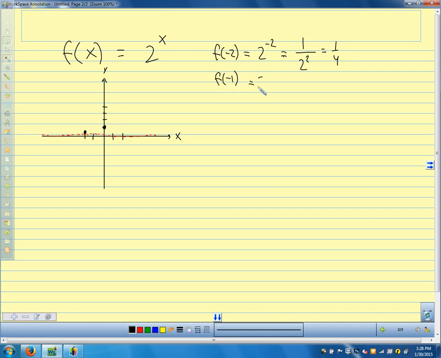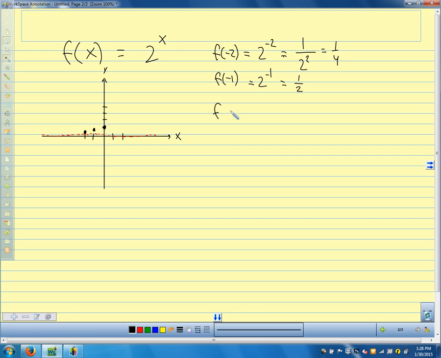F of negative 1 is 2 to the negative 1, which is what? 1/2. So I get a point at 1/2 there. And then we already have our y-intercept there.